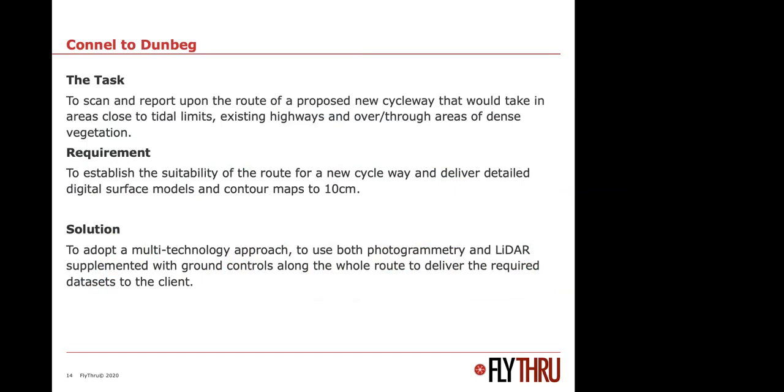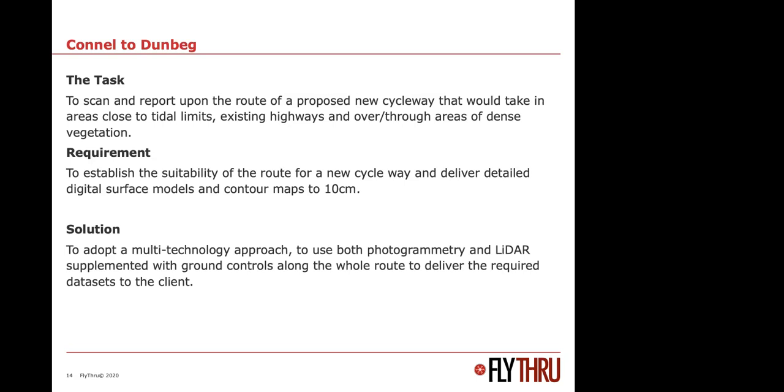It has its problems of dense vegetation, existing highways. Had to do it at low tide so they could see what the rock and the formations were like at low tide, and whether they were going to be able to build a structure that would rise above that. And we were going to give them a digital surface model.